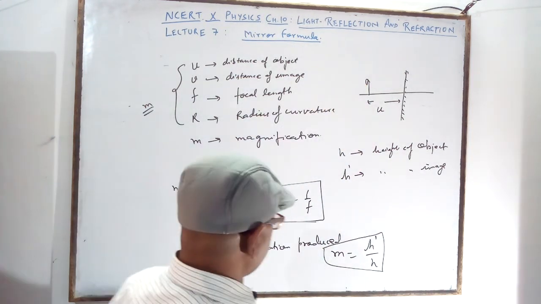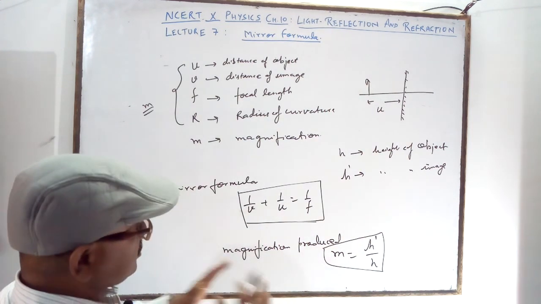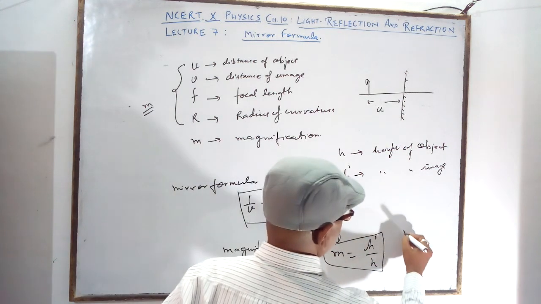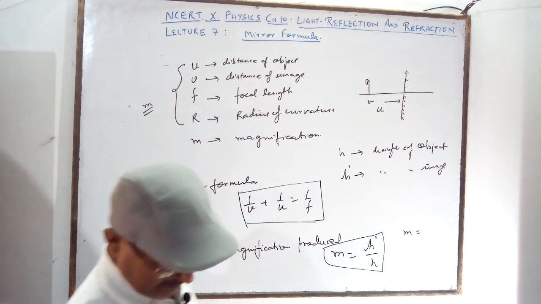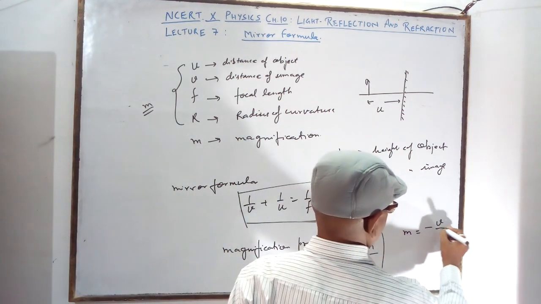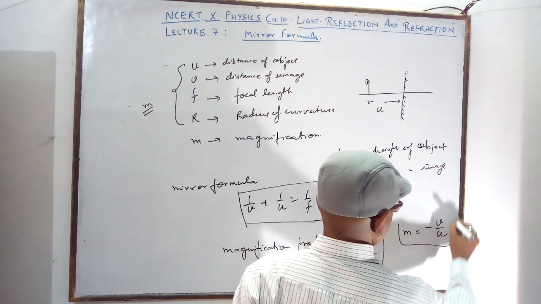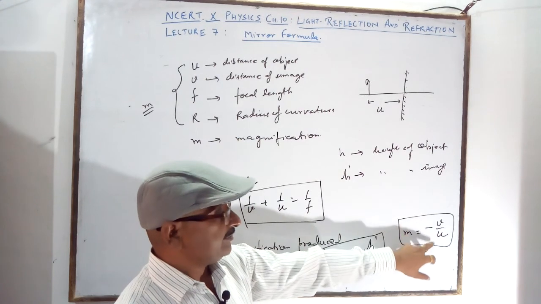So from these two relations, magnification is also equal to minus v upon u. It is also the formula of the magnification, small f.